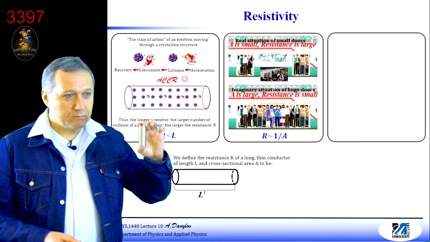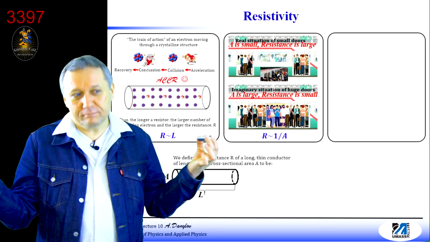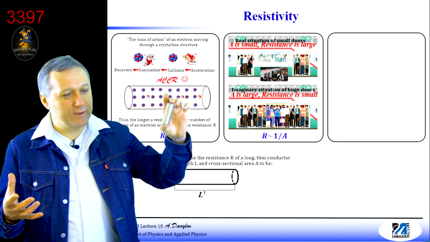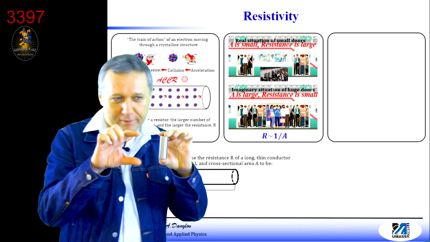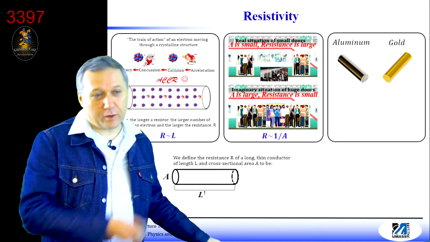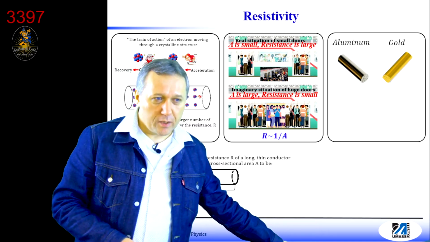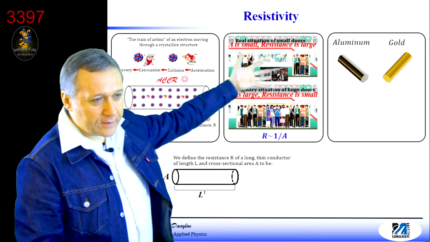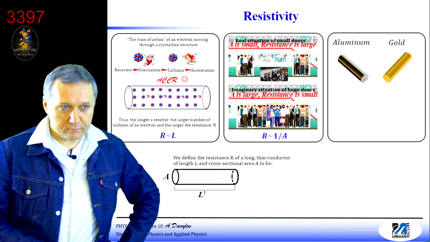Let's imagine that I have two resistors. One is made of steel like this, but a second one made of gold. Of course, I don't have that amount of gold. So we have aluminum and gold. And if I ask you the same question, which of these resistors is going to have larger resistance?